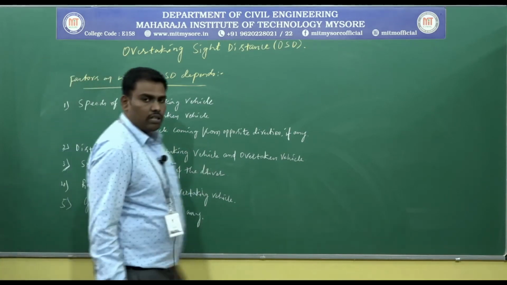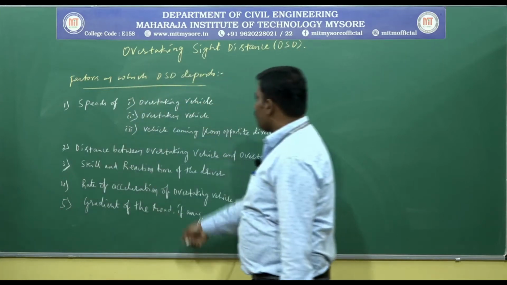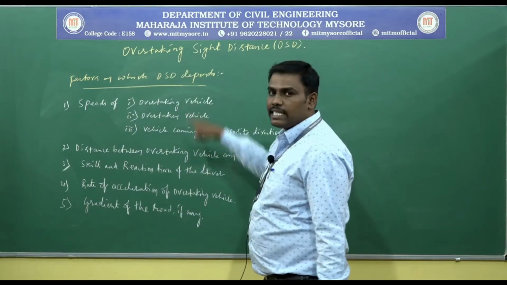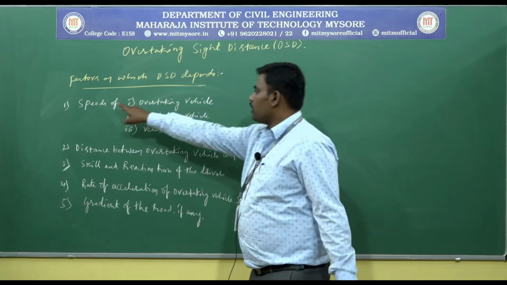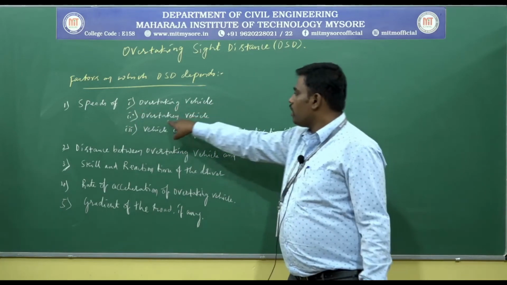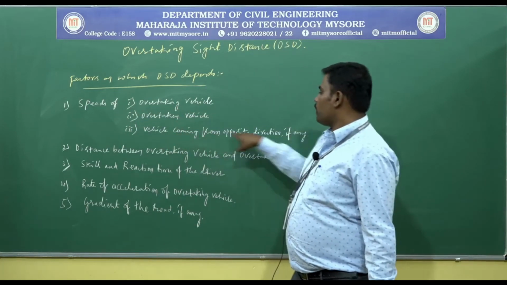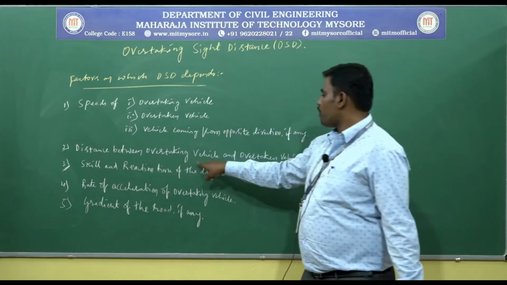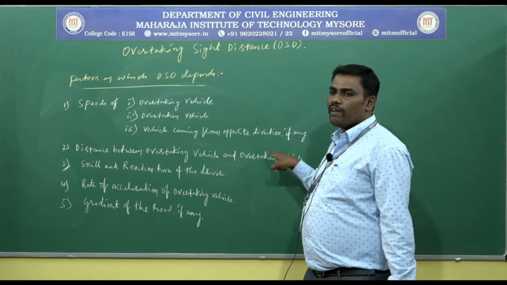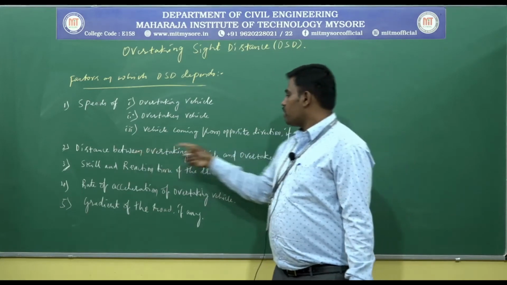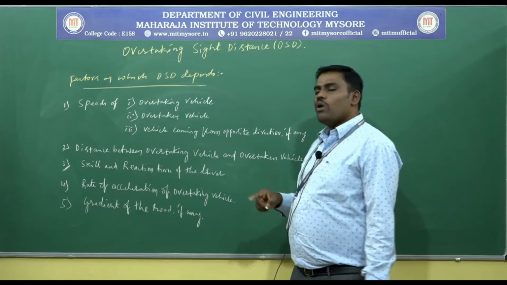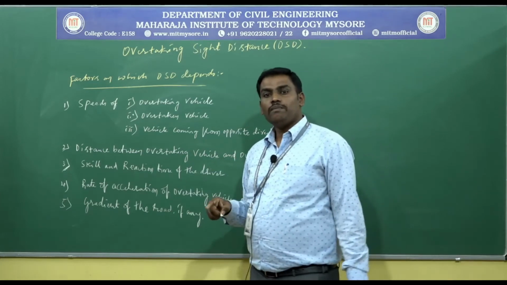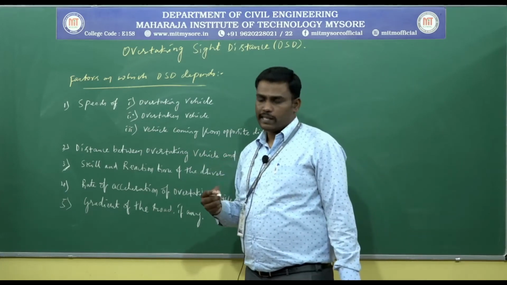These are the 5 factors on which the overtaking side distance depends. The first one is speeds of overtaking vehicle, overtaken vehicle, and vehicle coming from the opposite direction, if any. Second, distance between the overtaking vehicle and overtaken vehicle, and we know that the minimum distance between them depends on speed of vehicles.